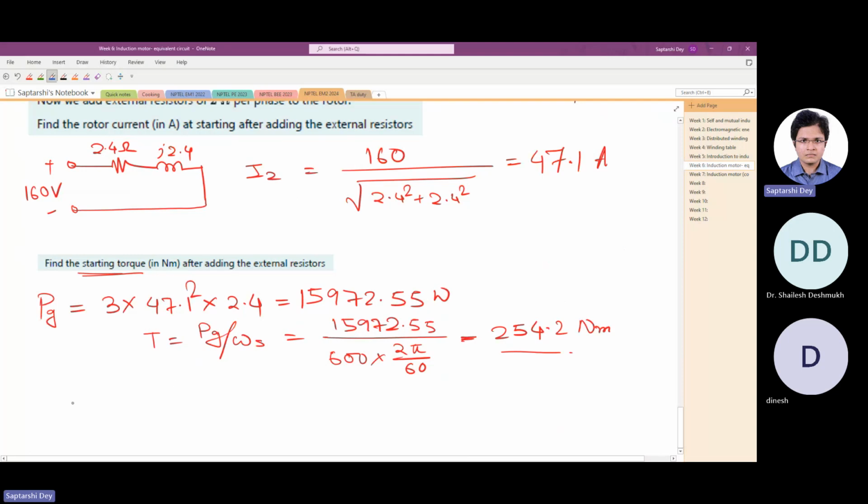At starting, 2.4 comes out, gets cancelled, 1 by square root of 1 plus 1, 1 by root 2.